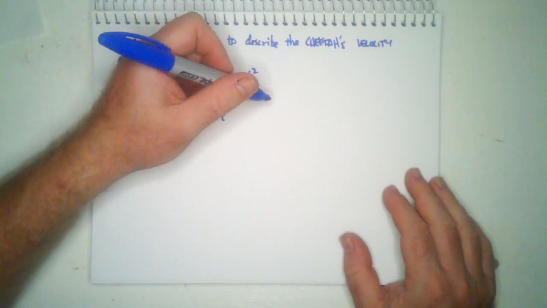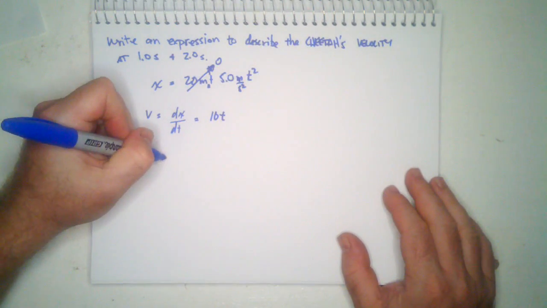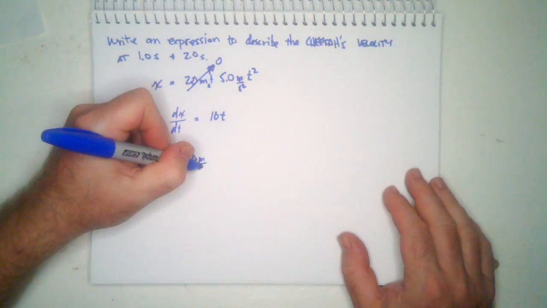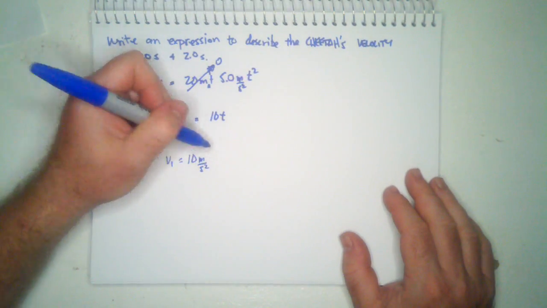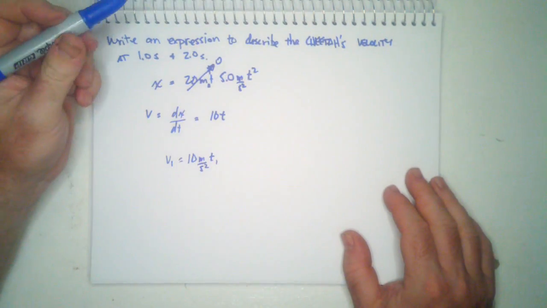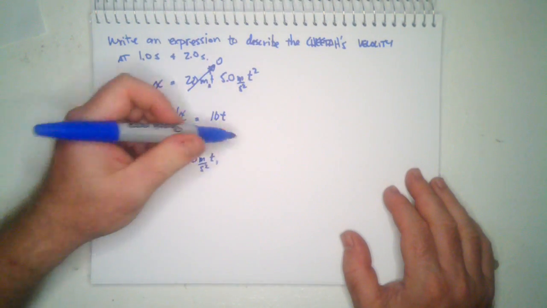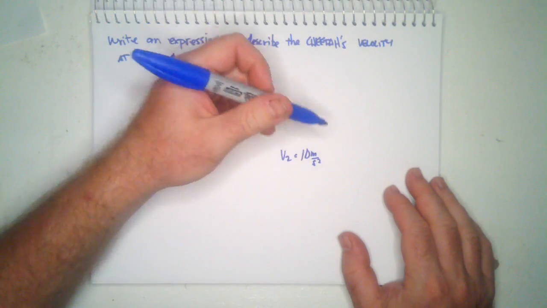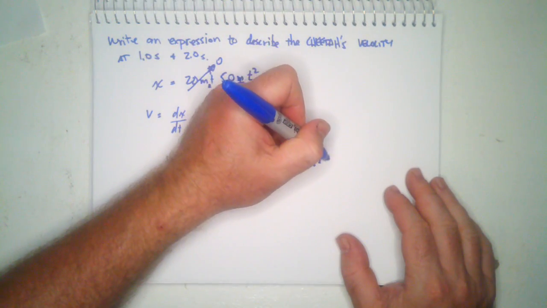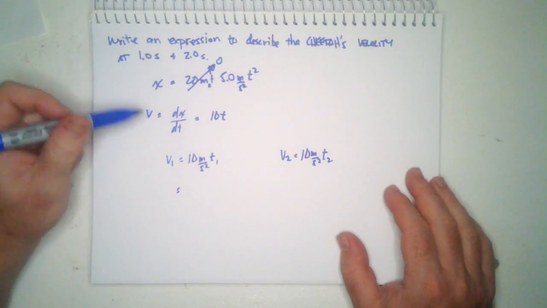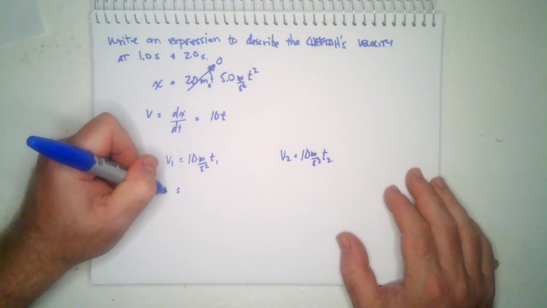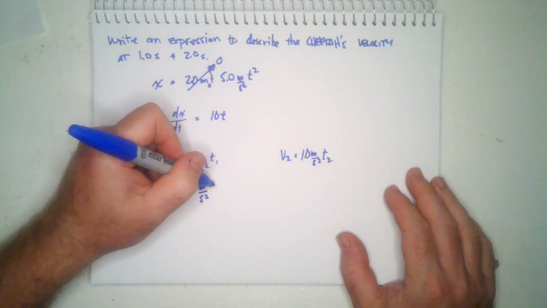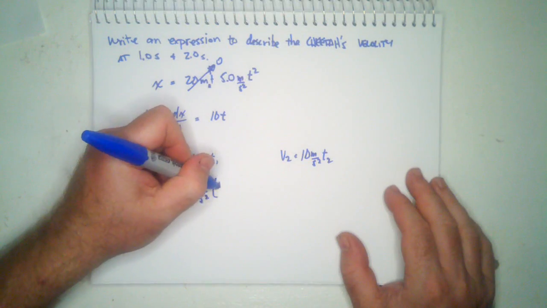So really, what we have here is v1 equals 10 meters per second squared times t1, and v2 equals 10 meters per second squared times t2.